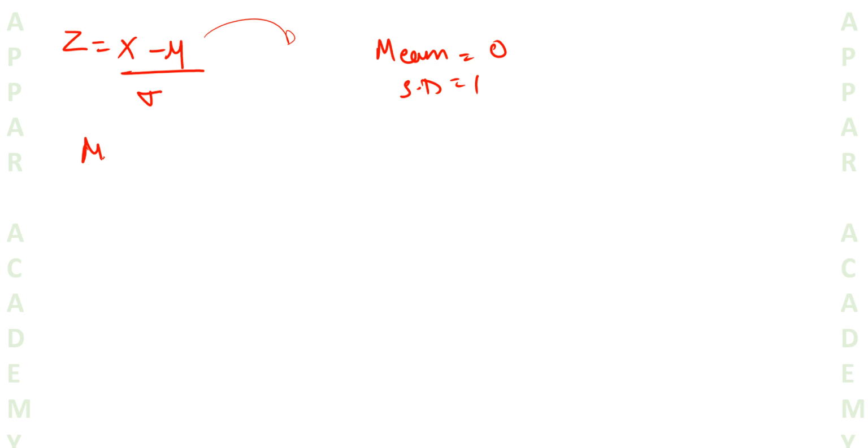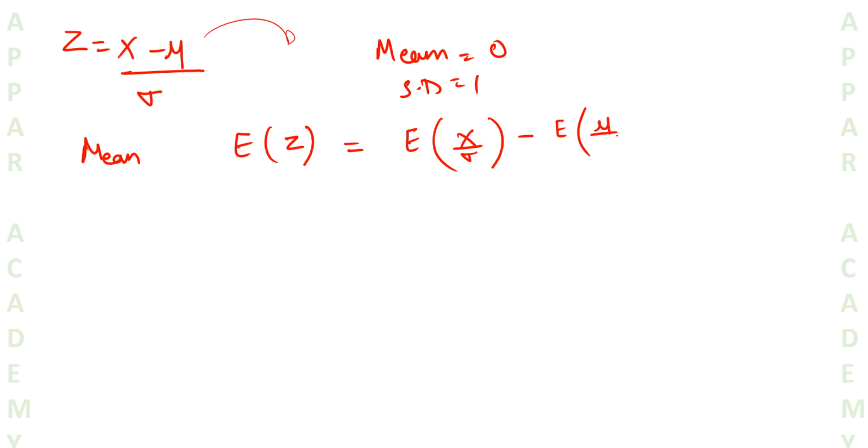Simply, let's talk about mean first. The expected value of z, mean of z means expected value, is equal to expected value of x by sigma minus expected value of mu by sigma. Yes or no? Right? So this is nothing other than 1 by sigma times expected value of x minus mu by sigma.